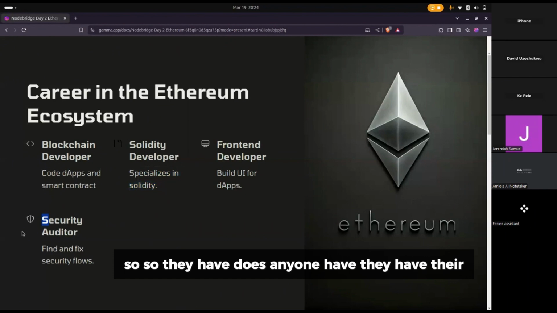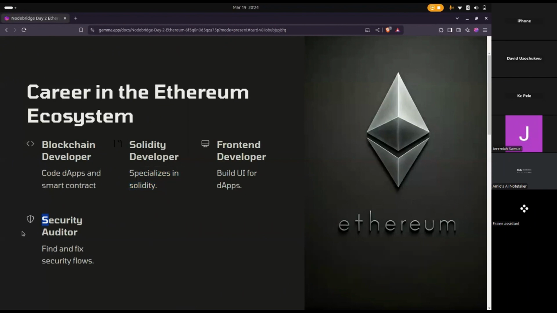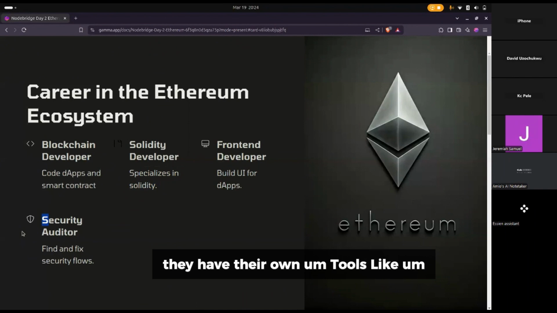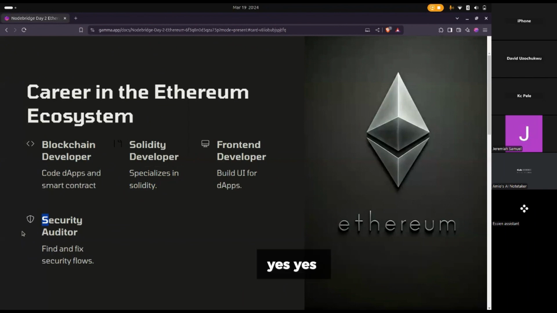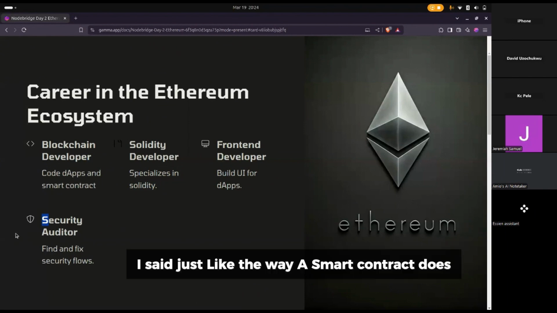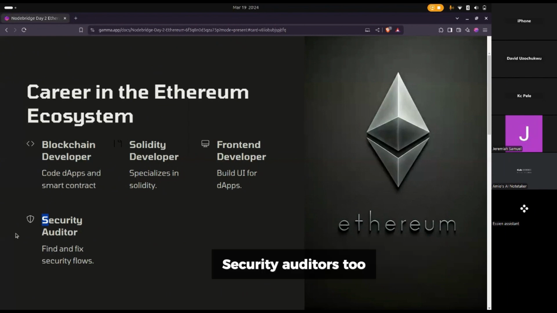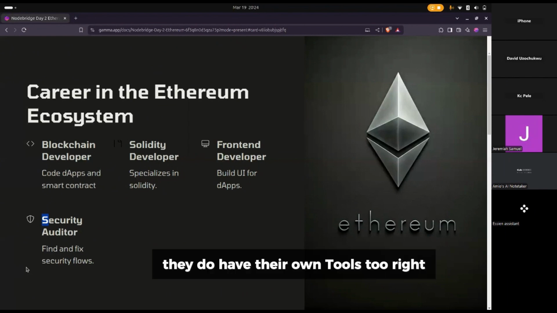Do security auditors have their own tools? Just like smart contract developers use Solidity and front end developers use React, security auditors do have their own tools too.